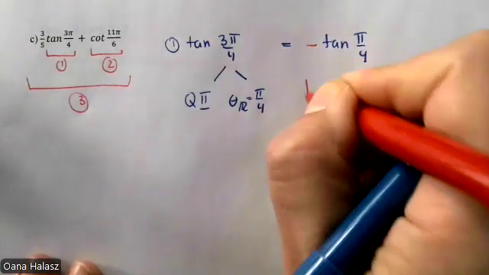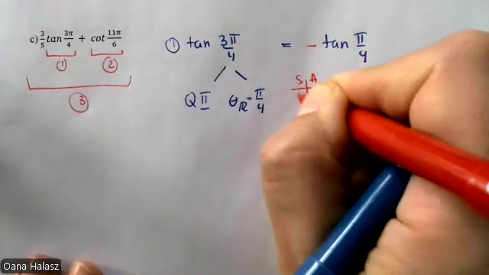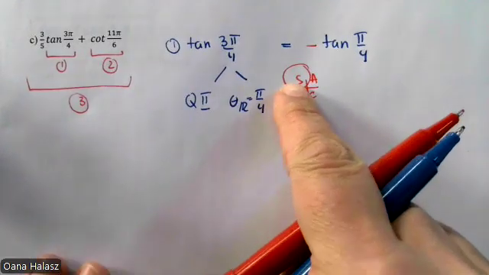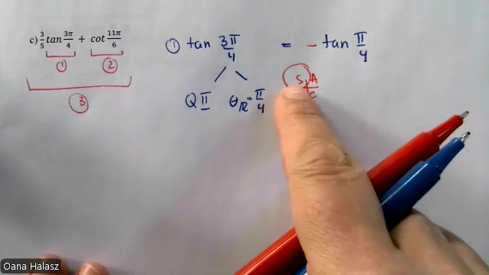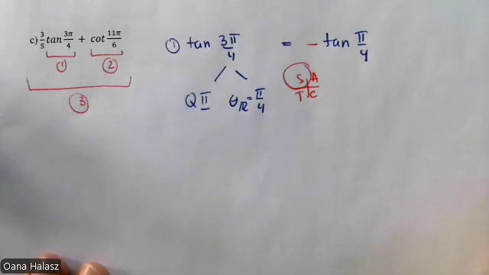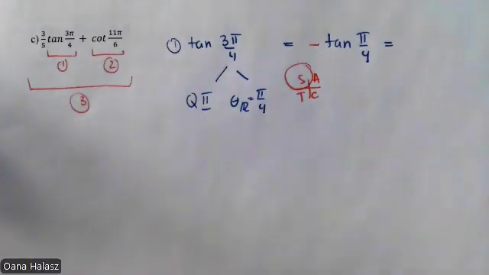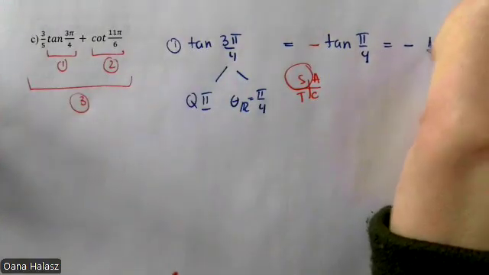That's how the CAST rule works. So we're right here, only sine and cosecant are positive, the other ones are negative. Okay, so the answer to this one is negative 1.